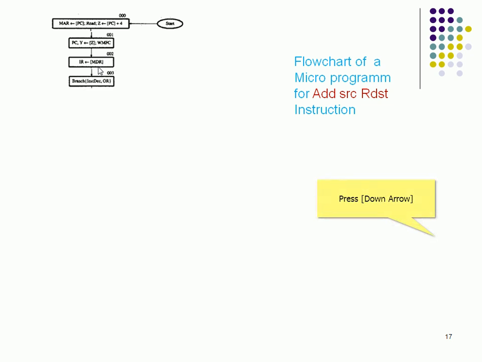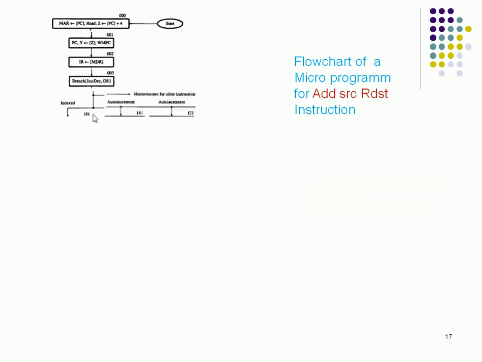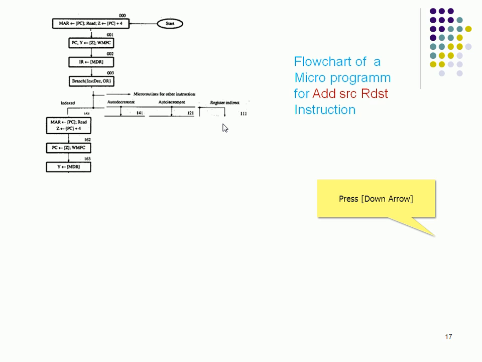So we have location 003. Then the branch instruction, and here we have addressing modes: index addressing at memory location 161, auto increment at location 141, and auto decrement at location 121. Similarly, 11 is register indirect. So these addressing modes will be supported.